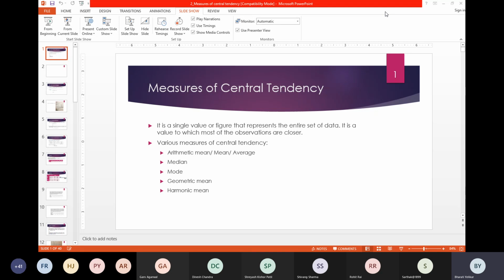What value is required? What type of analysis do you want? What type of result do you want? So it depends on two factors: the nature of data, and the purpose for which the same data has been collected.